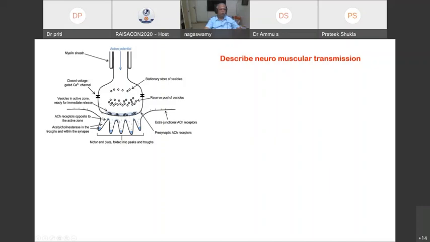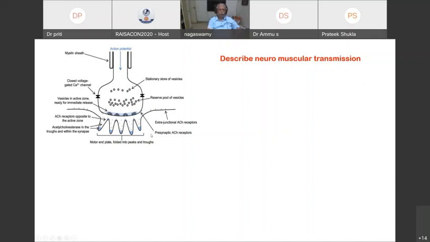Then acetylcholine will get released into the cleft and will bind to the acetylcholine receptors here, and immediately after one action, they will be broken down by acetylcholinesterase. So this will be transmitted to the motor end plate. That is the whole process.